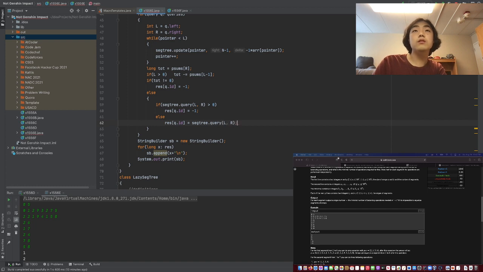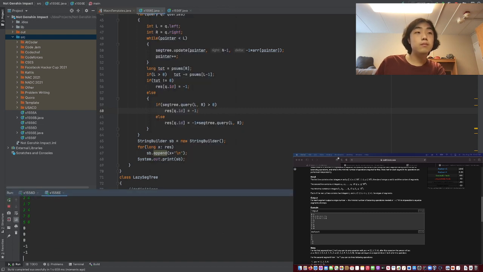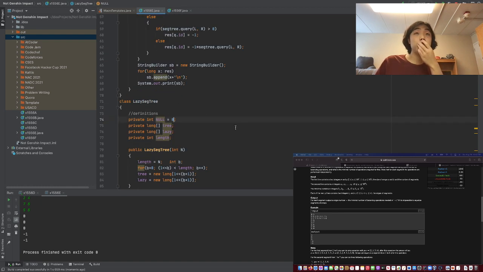What if I do this? And what would this be like? Nothing. Oh wait, because null is equal to long.min value over 2.